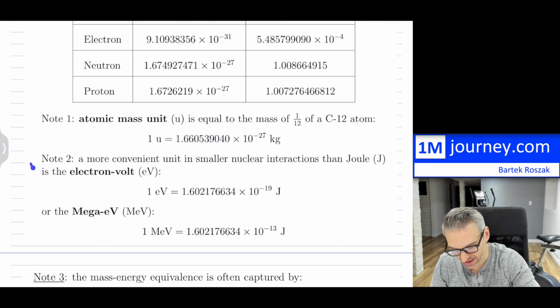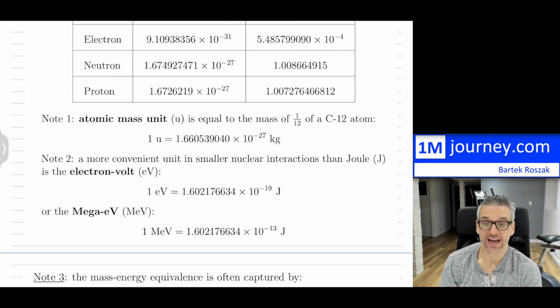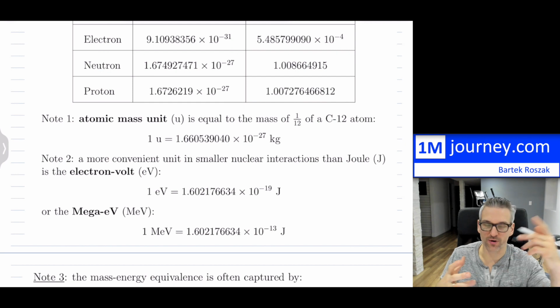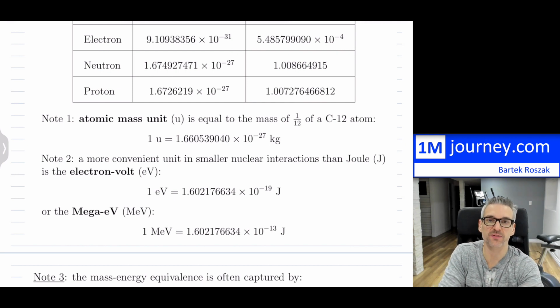Here's a little second note. As you studied energy, you will recall that the SI unit for energy is the joule. But joule in general is not a very big unit. If you're talking about these very tiny scales, atoms, and the energy within just one or a few of them, it's not going to be very much.